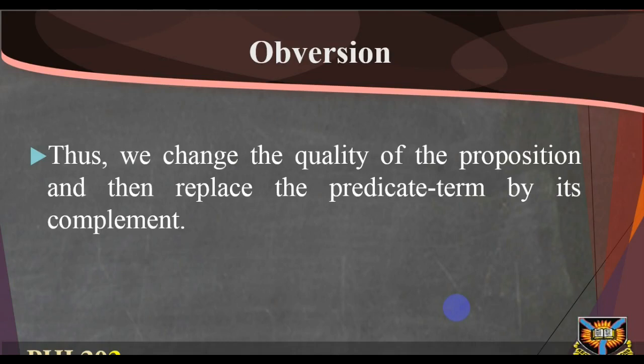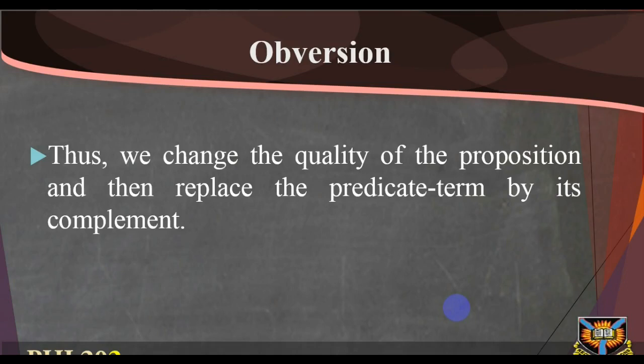I proposition. Premise. Some men are politicians. Contrapositive. Some non-politicians are non-men. O proposition. Premise. Some men are not politicians. Contrapositive.